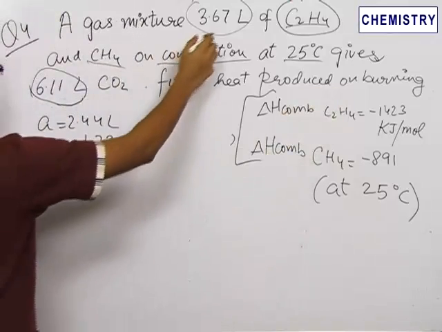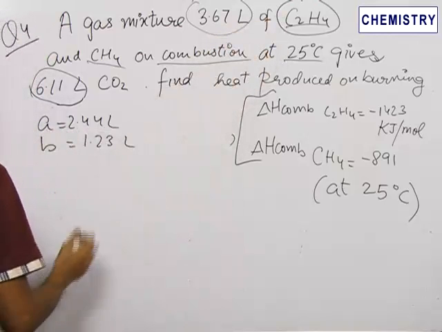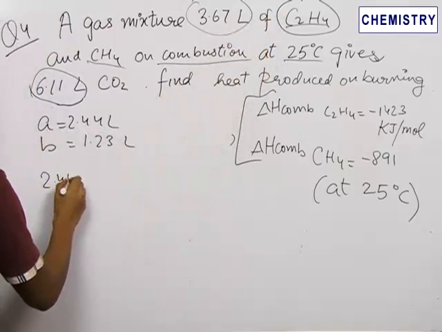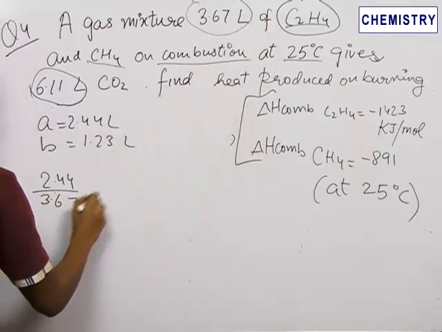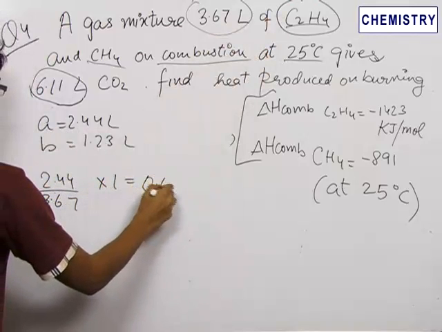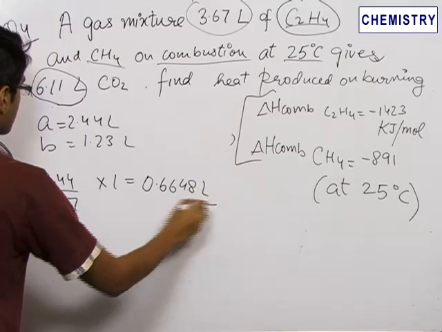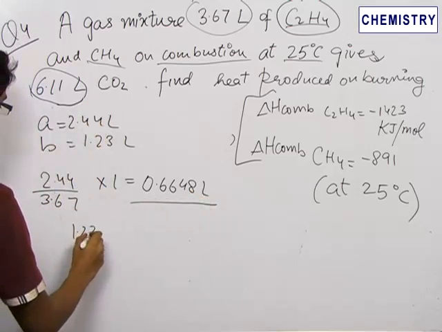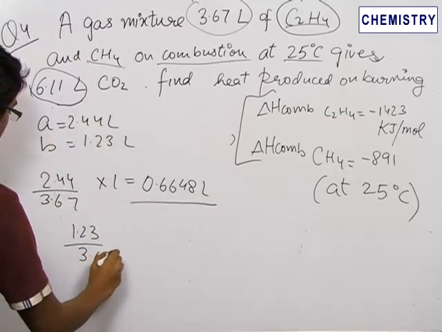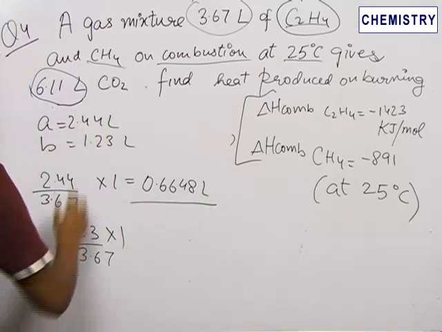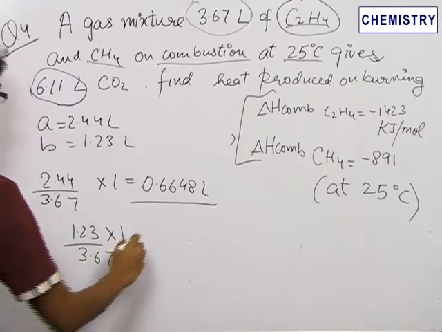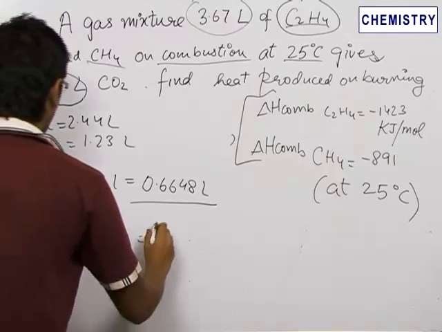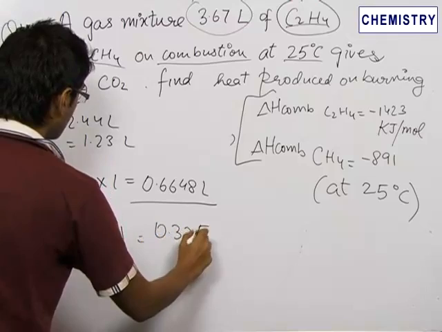Hence the volume of C2H4 in that 1 liter will be equal to 2.44 upon 3.67 into 1, which is equal to 0.6648 liters, and the volume of CH4 will be equal to 1.23 upon 3.67 into 1, or we can just subtract this 0.6648 from 1 to get 0.3352 liters.